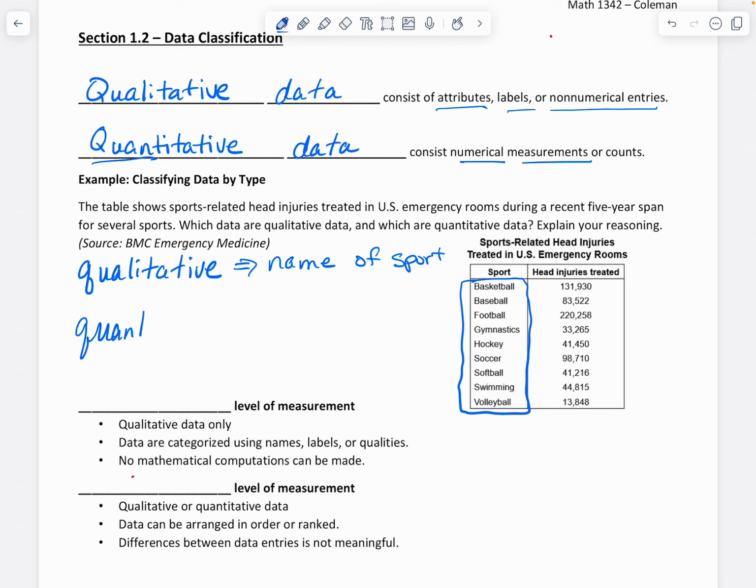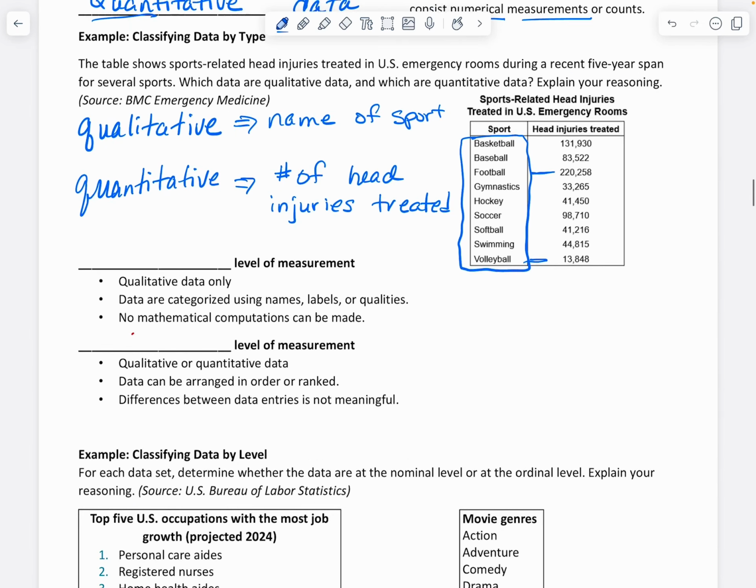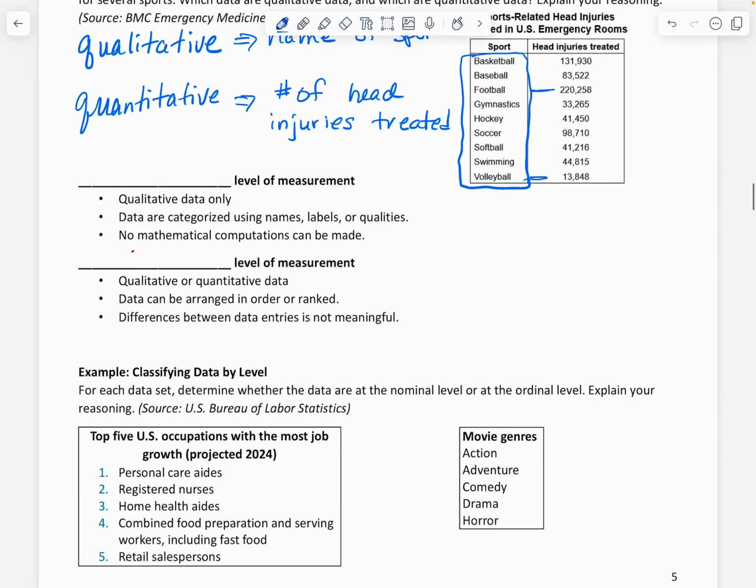The quantitative data then would be the number of head injuries that have been treated at the emergency room. So if we look at this data, head injuries, probably no surprise, football has the highest. The lowest would be volleyball, and then everything in between. So qualitative is the sport, quantitative is the actual number of head injuries.